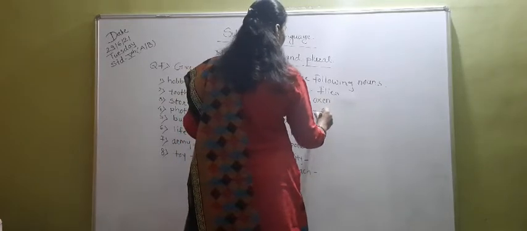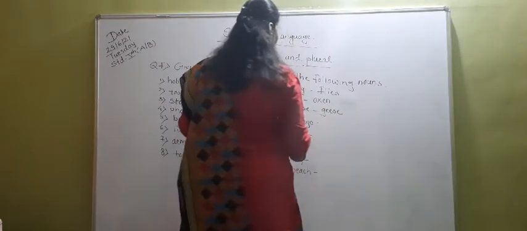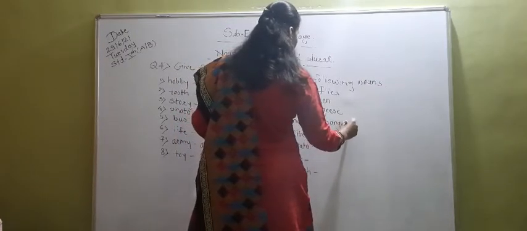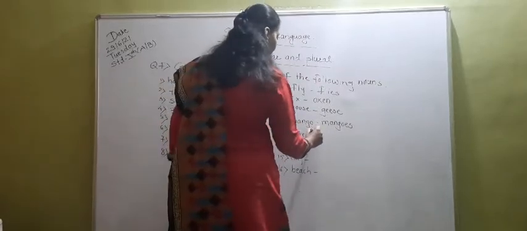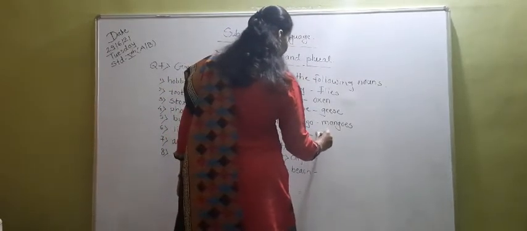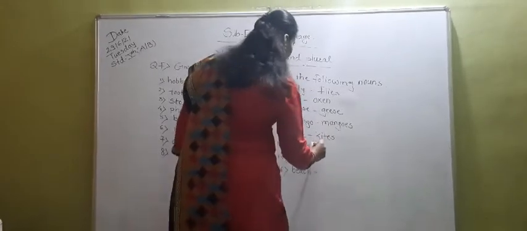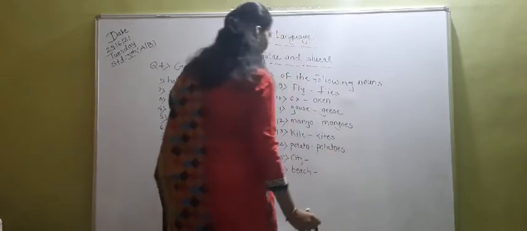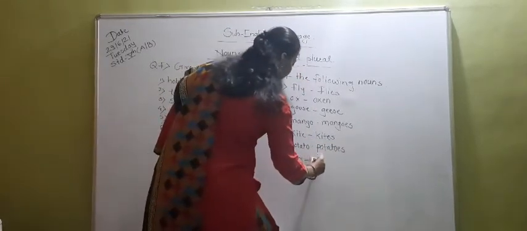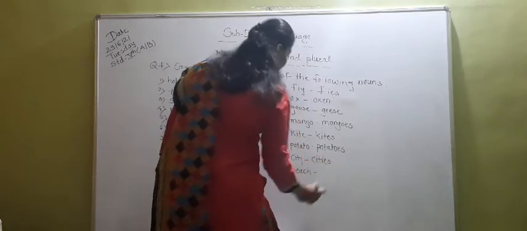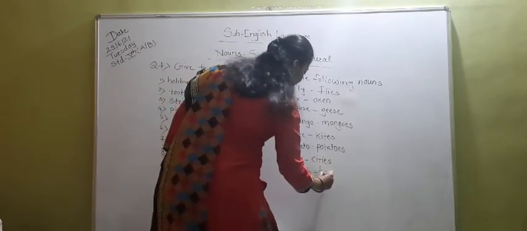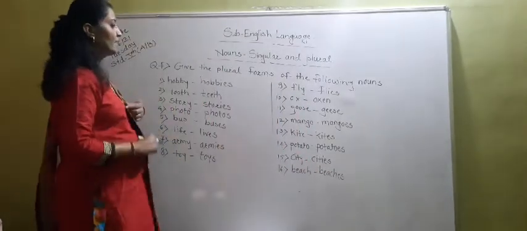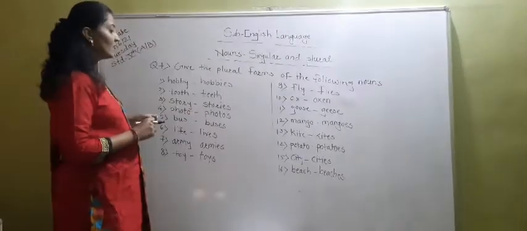Goose, geese. Mango, mangoes. Kite, kites. Potato, potatoes. City, cities. Beach, beaches. So, like this, we have made plural of the given words.